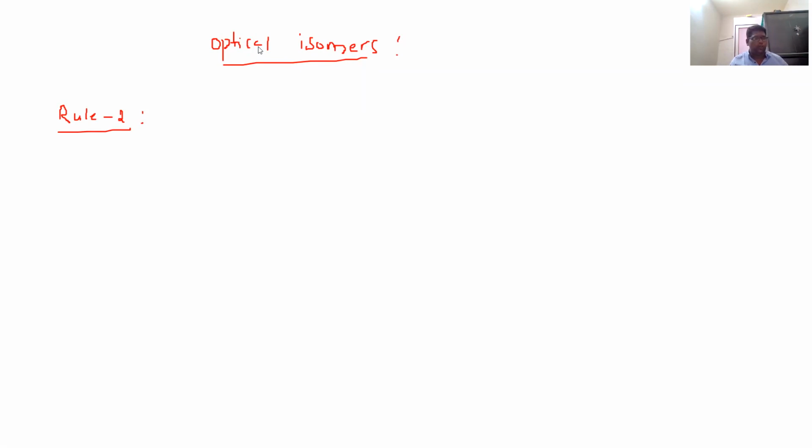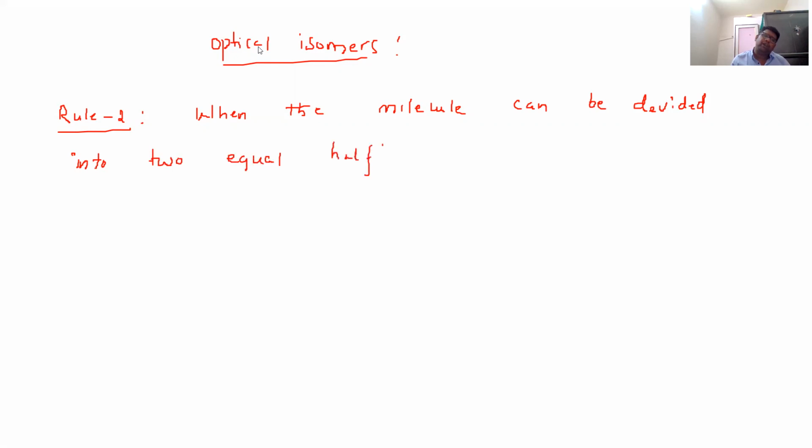So rule number 2 means when the molecule can be divided into two equal halves. For example, I will explain what it means for a molecule to be divided into equal halves.